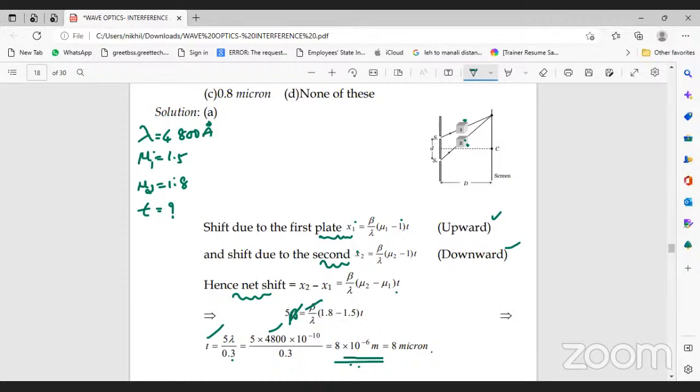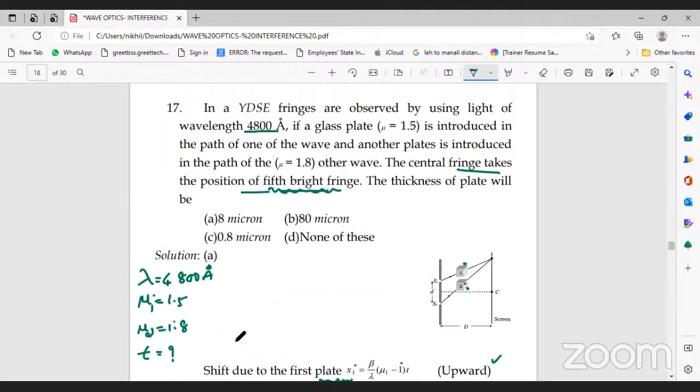So which is the right option? 8 micron means option A.